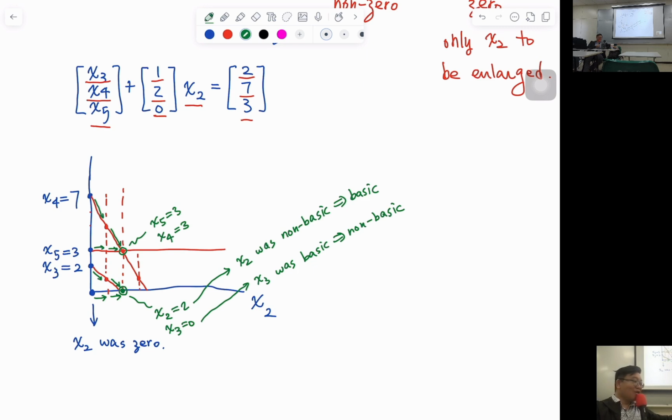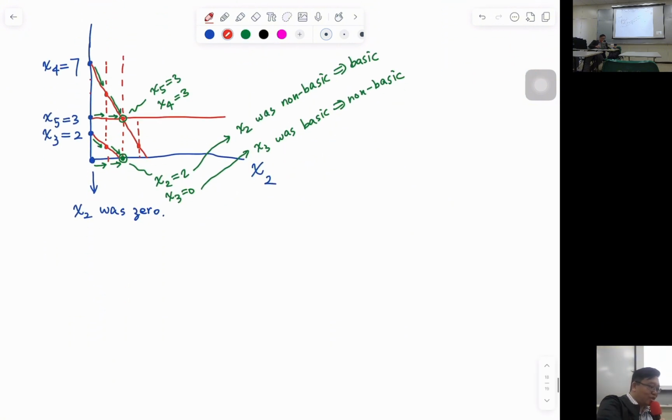Okay? But if every time I need to draw this figure and observe, it takes a lot of time. So some testing procedure was introduced to help you pick up x3 in a more effective way. We call this procedure the ratio test.